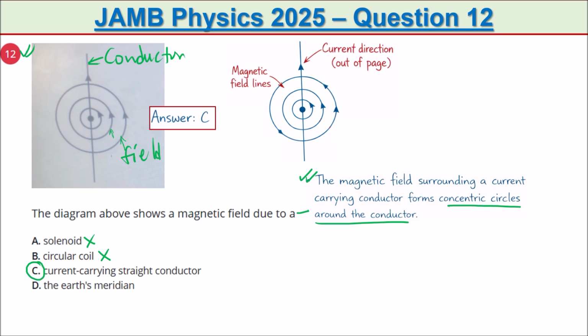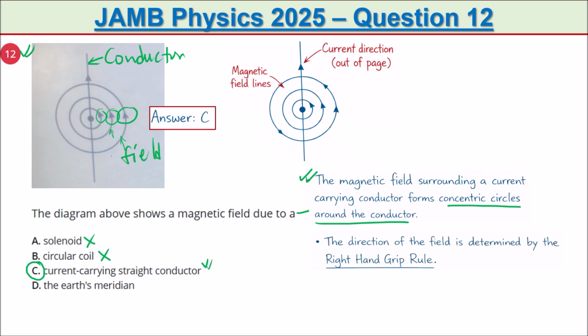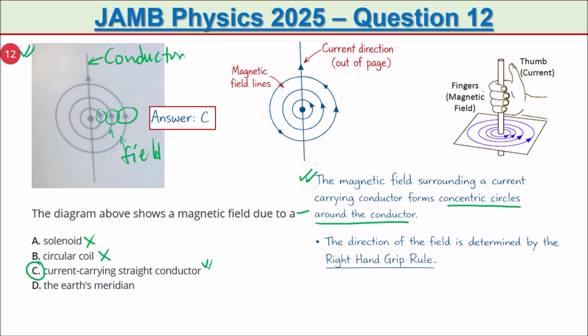But it doesn't end there. We need to go to the second thing for us to ascertain whether this field is truly from a current carrying conductor. The second thing is the direction given by the arrows. The direction of the field surrounding a current carrying conductor is determined by the right hand grip rule. The right hand grip rule says when the right hand grips the conductor in such a way that the thumb points in the direction of the current.